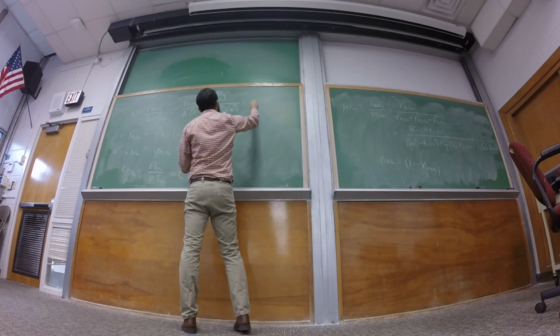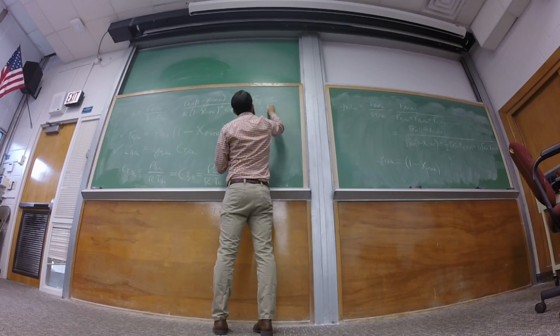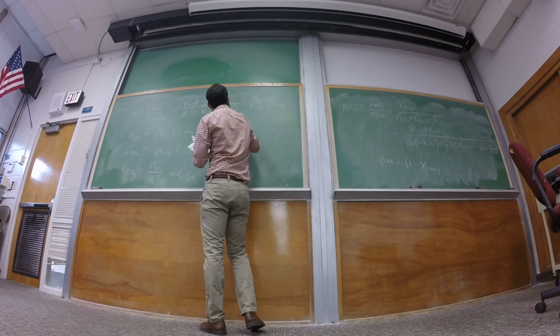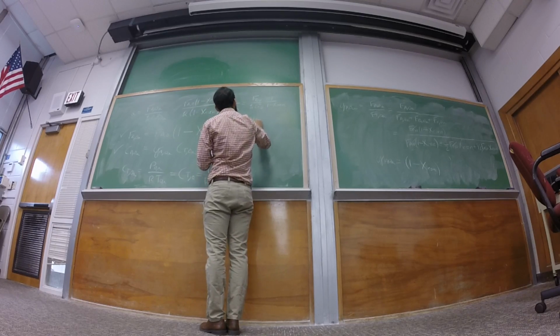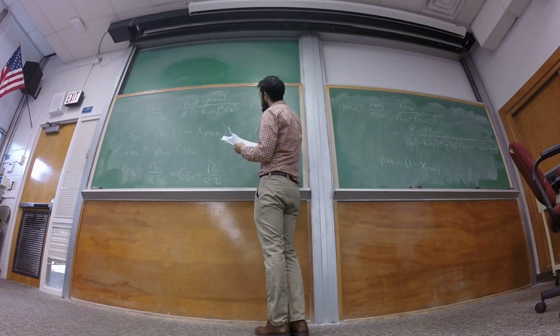And you can simplify it further. So that's 10 over 7. Or 1.43.